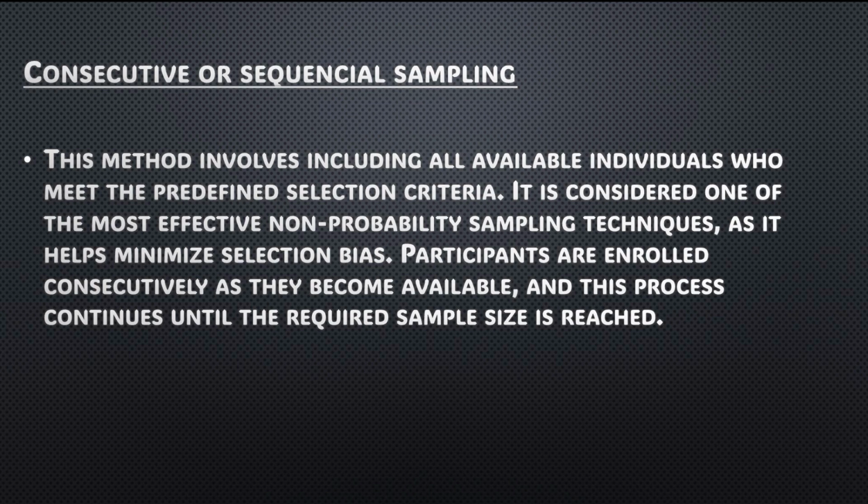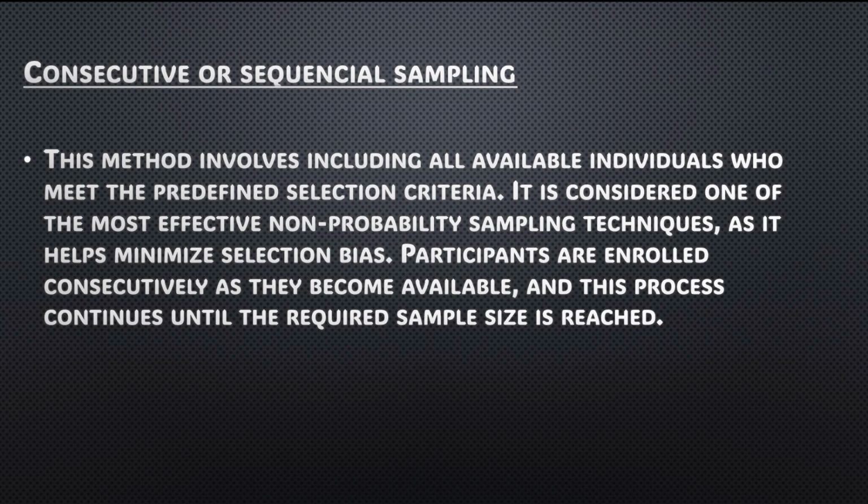In this method, all individuals who meet the predefined selection criteria are considered into our study. This is the most efficient non-probability sampling method because there is no selection bias in this. For example, all the OPD based studies or hospital based studies come under consecutive or sequential sampling mostly.